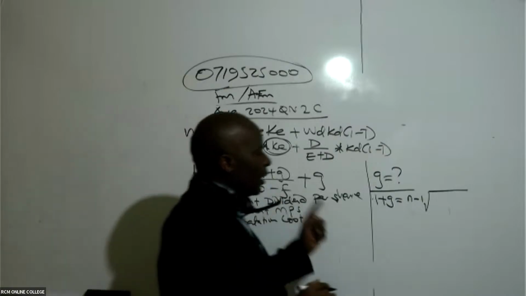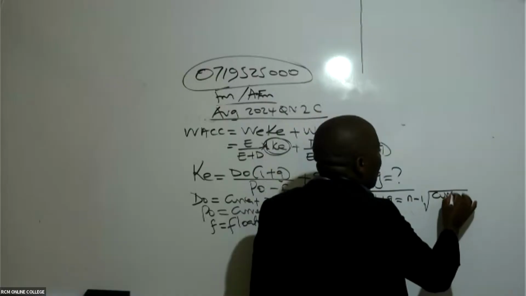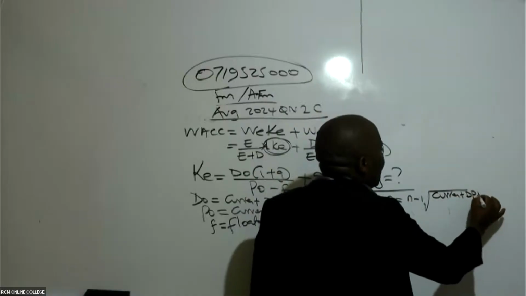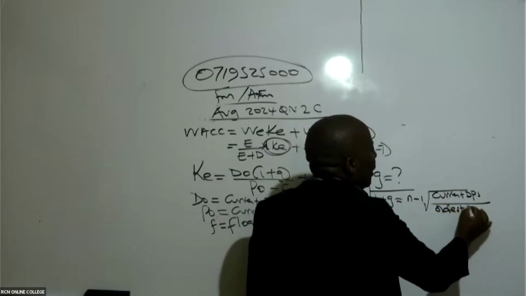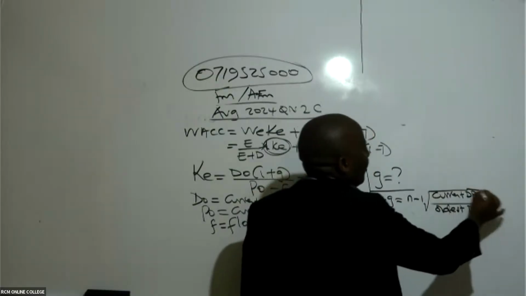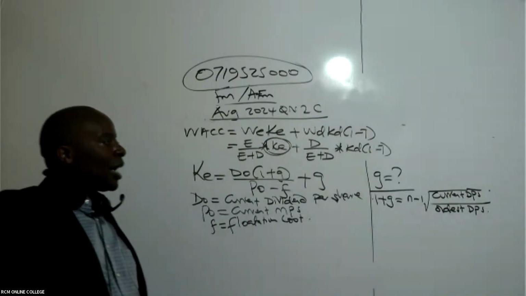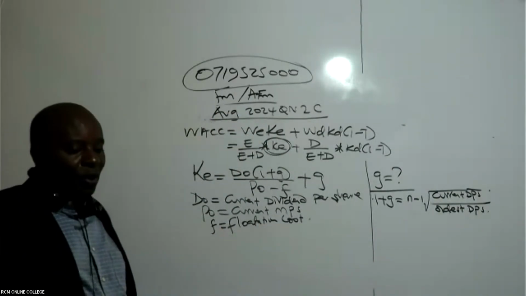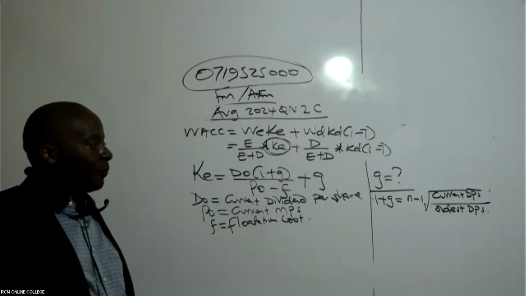We start by saying 1 plus g equals the n minus 1 root of current DPS over the oldest DPS.